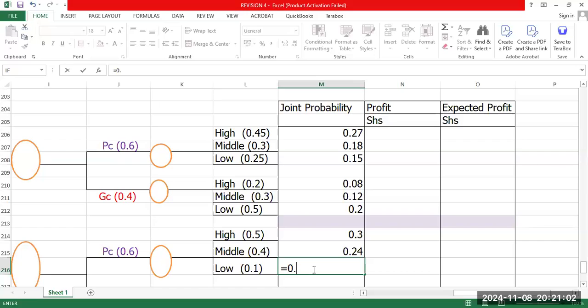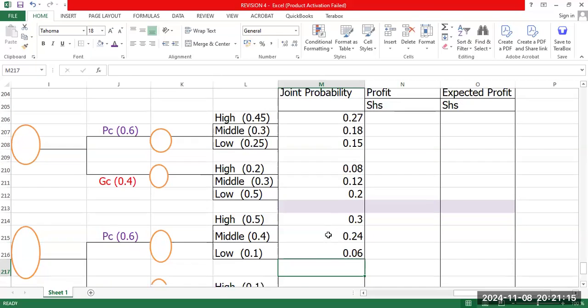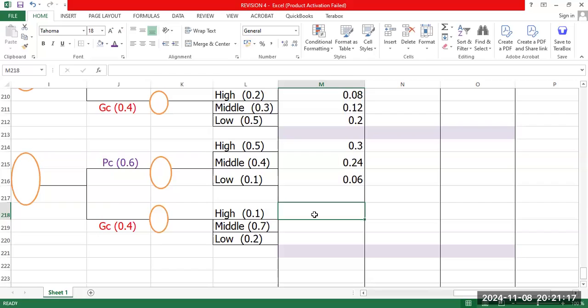There is 0.6 times 0.4, no, 0.1. Then here it is 0.4 times 0.1.